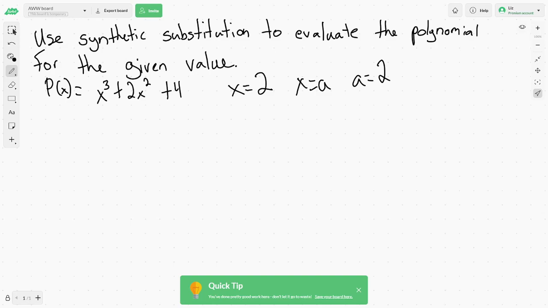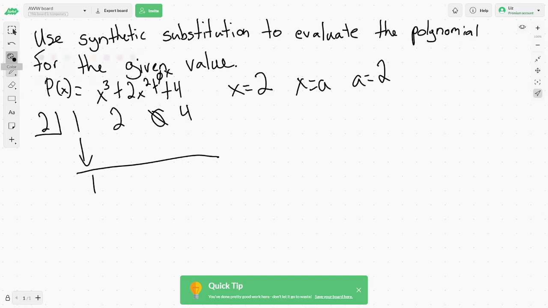So this is in standard form, but we are missing the x, so the 0 is going to be the x. We put our a value in the little box up there, and we have our coefficients of 1, 2, 0, and 4. Going to do the same thing.